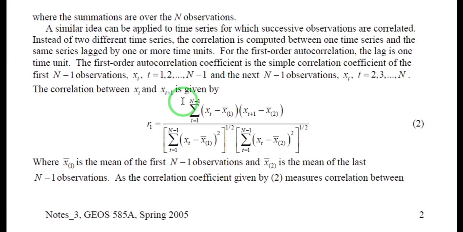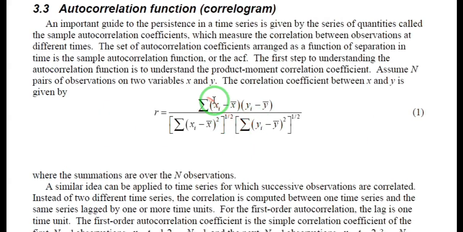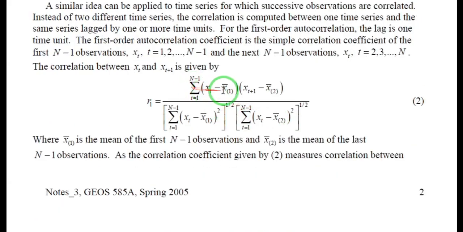And you see that we have the formula here, and we have the x t and the x t plus 1. So this is the one function and again the function at a delayed time. However, here we had two functions, the x and the y, but here there's only one function and the delayed time.